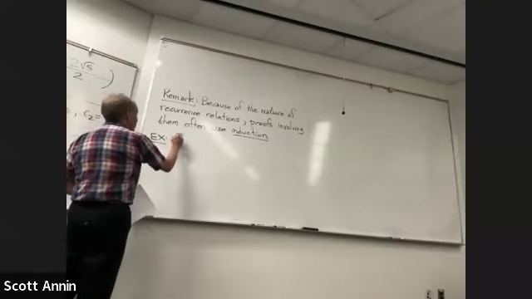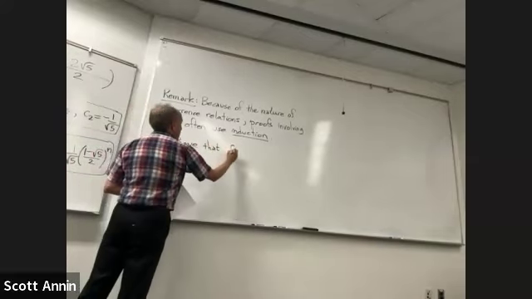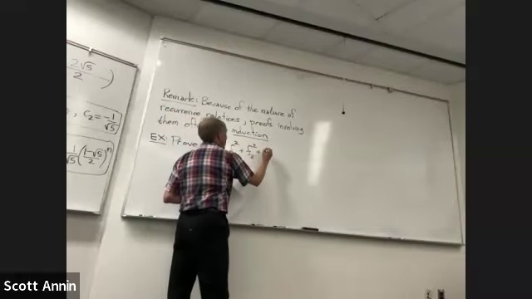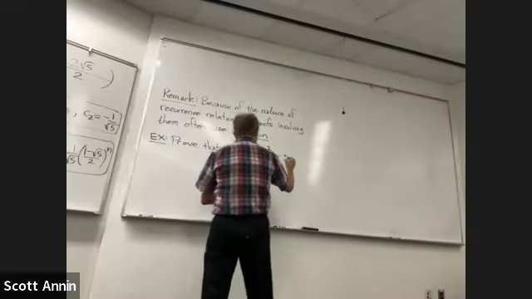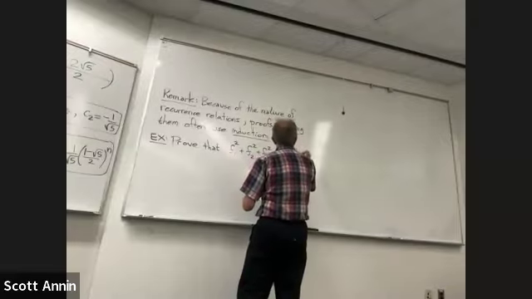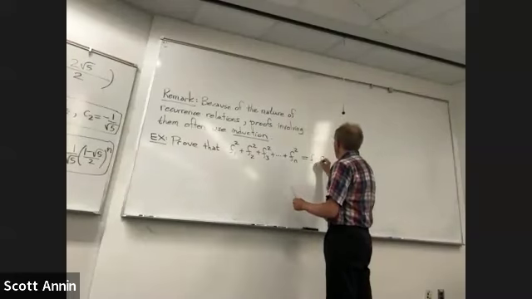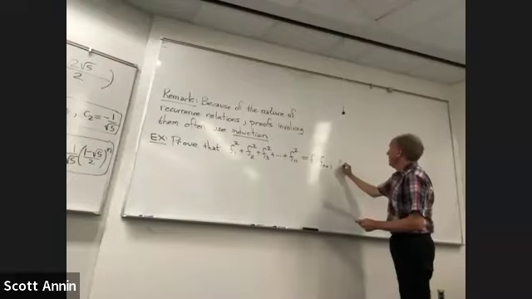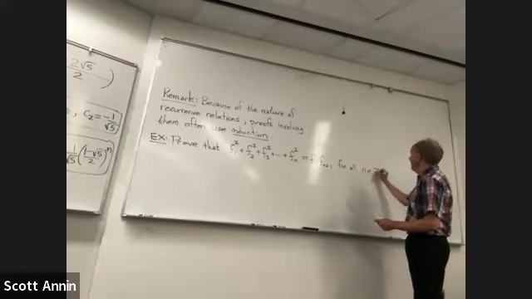So let's prove that f1 squared plus f2 squared plus f3 squared and dot dot dot plus fn squared is equal to fn times fn plus 1 for all positive integers n.